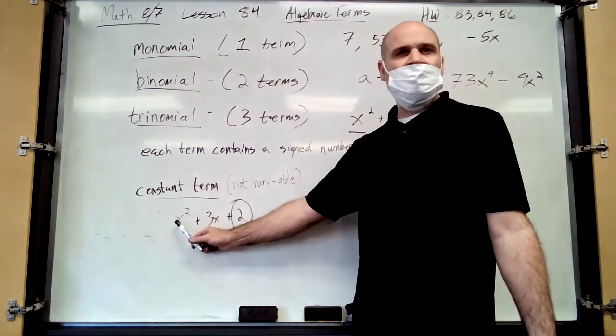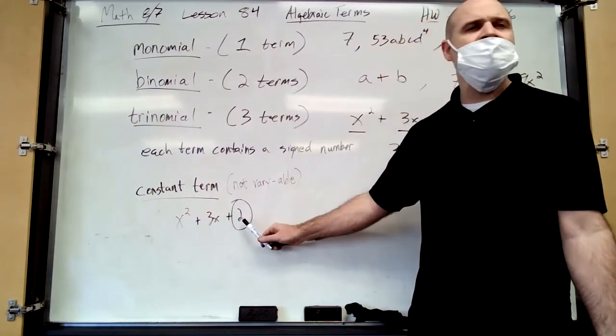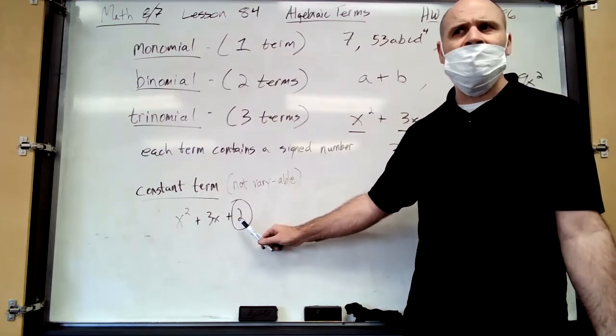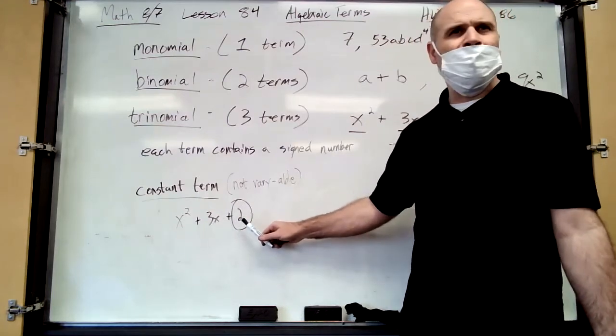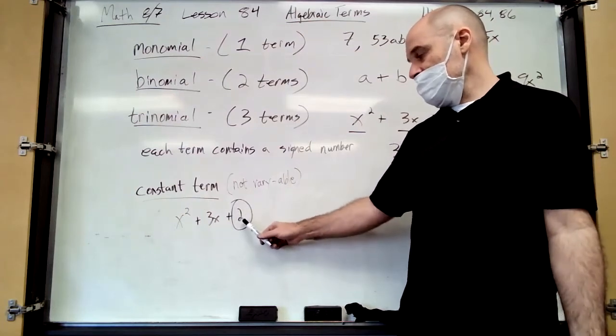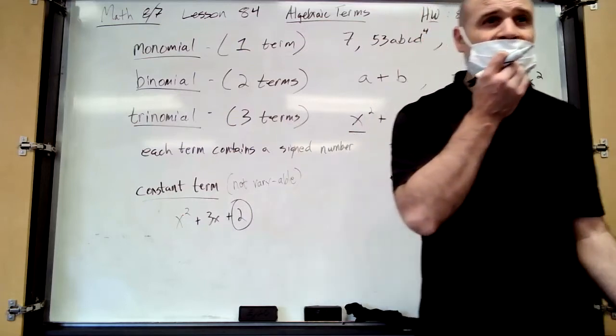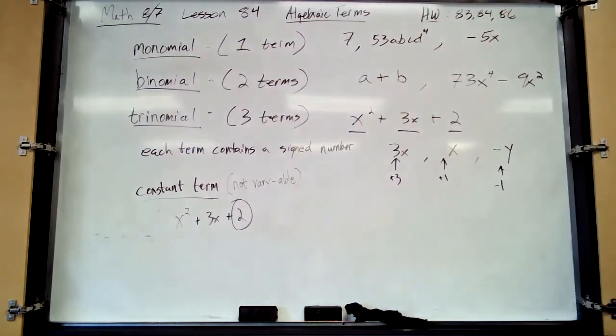If x was 7, that would make this term 49. If x was 7, is that going to affect that at all? No, because it's not being multiplied by an x or divided by an x or added to an x, or it's added to an x, but that's another term. So that 2 will always be a 2. You can always count on the consistency of 2.